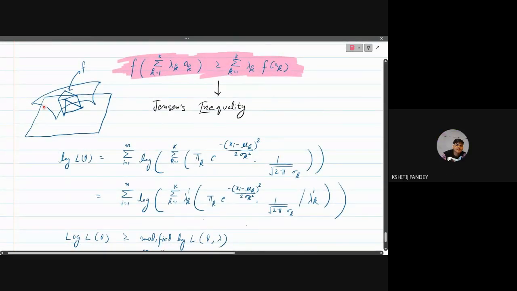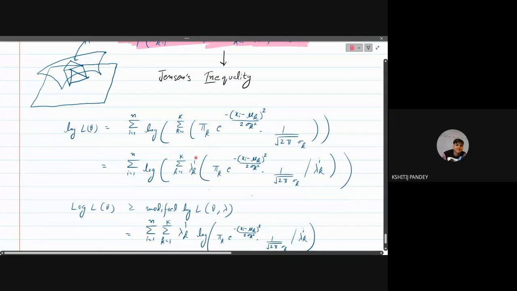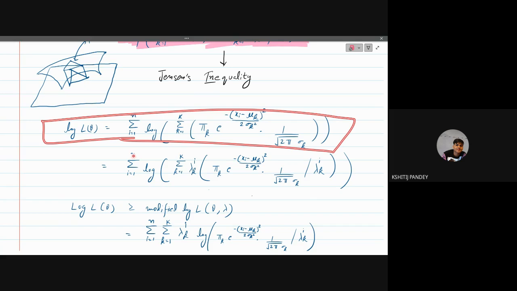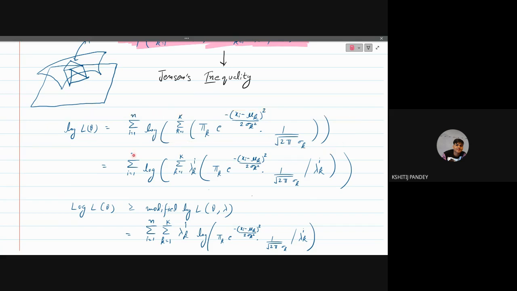So the reason we have introduced this lambda ik is to exploit Jensen's inequality and come to this modified log likelihood function, because this log likelihood function we cannot solve. Is that clear? Yes, sir. Okay, and what exactly lambda ik is, we will discuss.